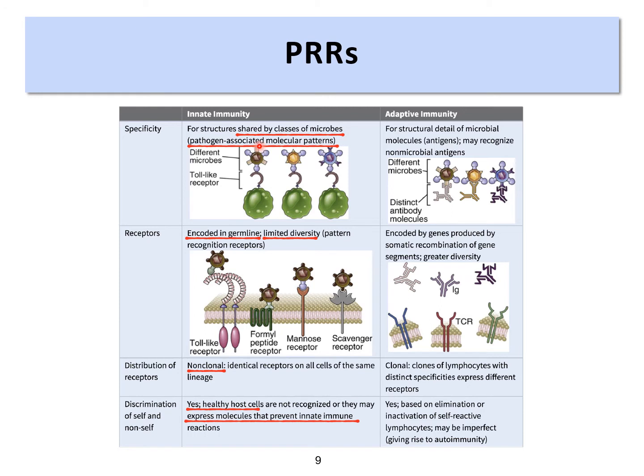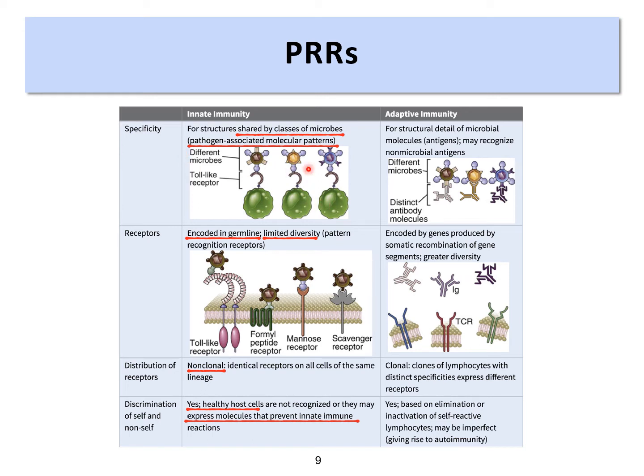In this picture you can again see the differences between innate and adaptive immunity with respect to recognition. In innate immunity, there is specificity for structures shared by classes of microbes, like Toll-like receptors. These are different classes of microbes, which are recognized by the Toll-like receptors present on the immune cells.